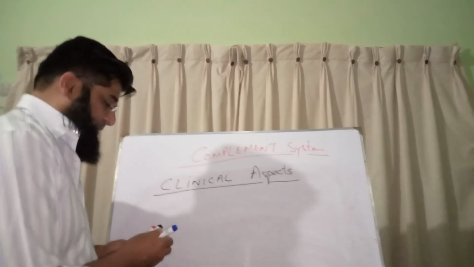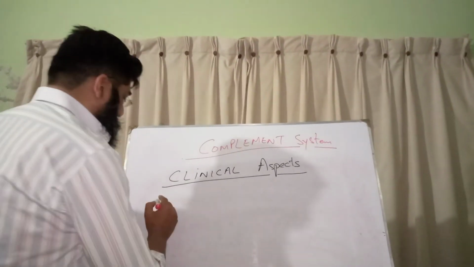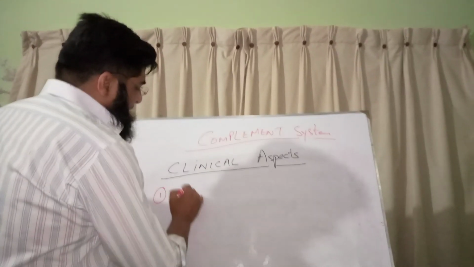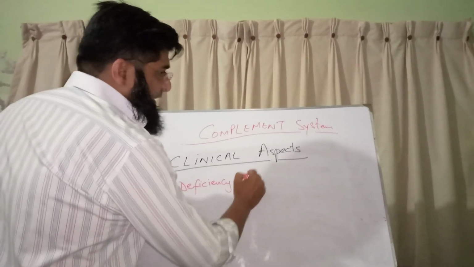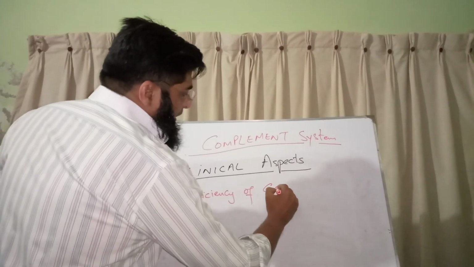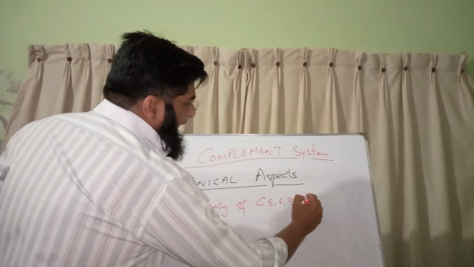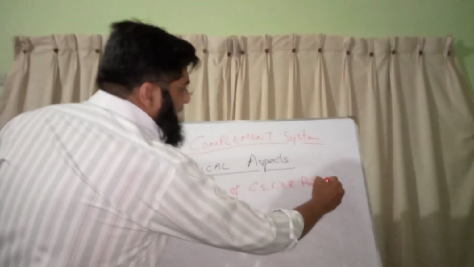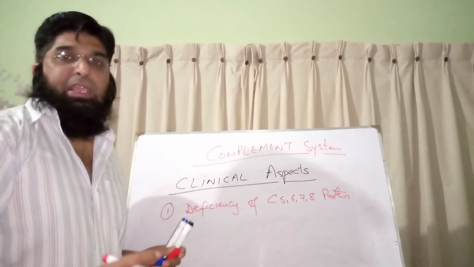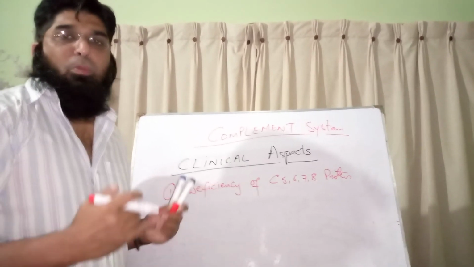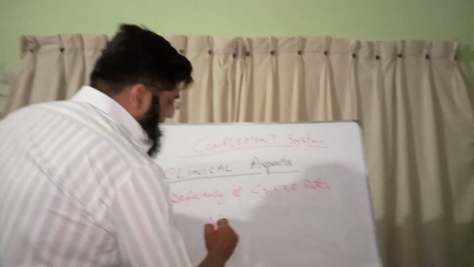Number 1, students, deficiency of C5, 6, 7 and 8 proteins in our body leads to more risk of Neisseria bacterial infection.